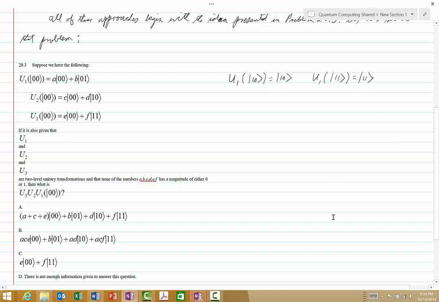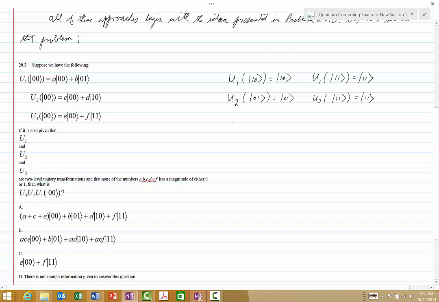And in a similar fashion, we can conclude that U2 acts non-trivially only on 0, 0 and 1, 0, so U2 of 0, 1 is equal to 0, 1, and U2 of 1, 1 is equal to 1, 1.